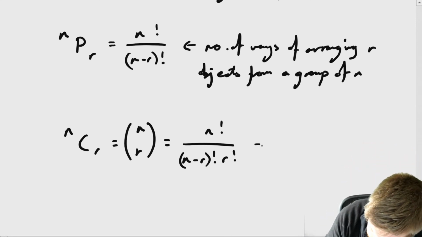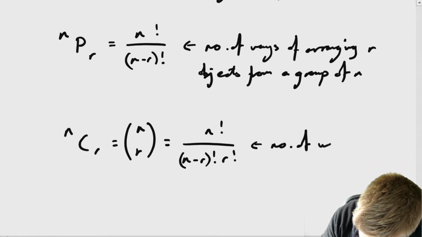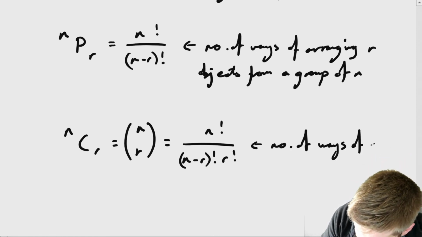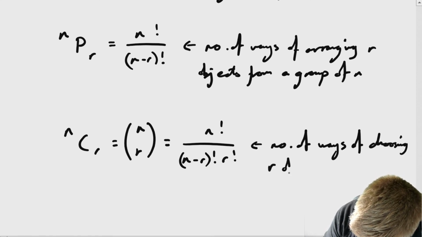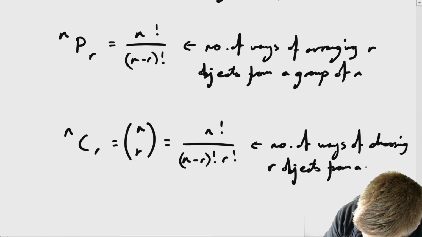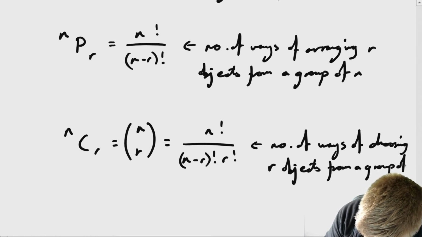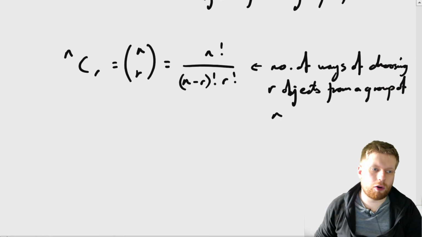Because in this case, it's not the number of ways of arranging the objects, it's the number of ways of choosing r objects from a group of n.